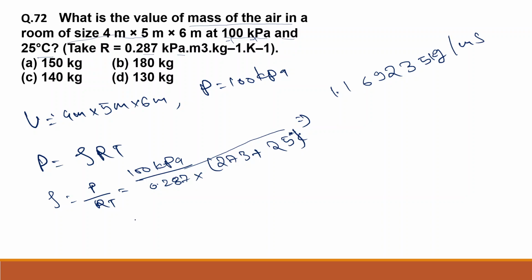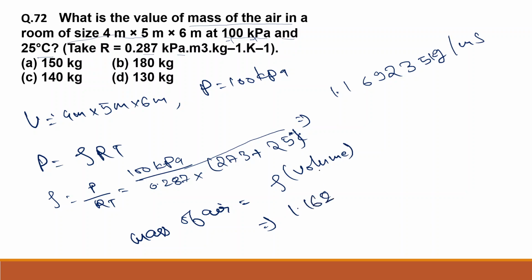After that we have to find out the mass of the air. Mass of air is equal to rho into volume. Rho value is 1.16923 into volume is 4 into 5 into 6 kg.